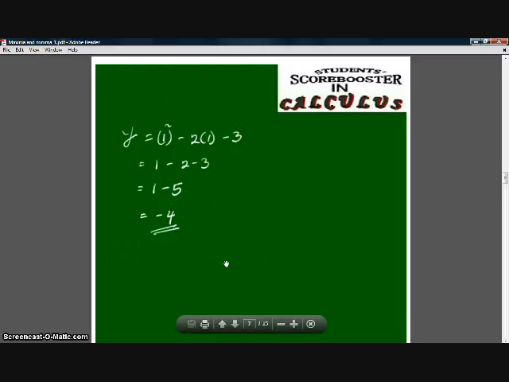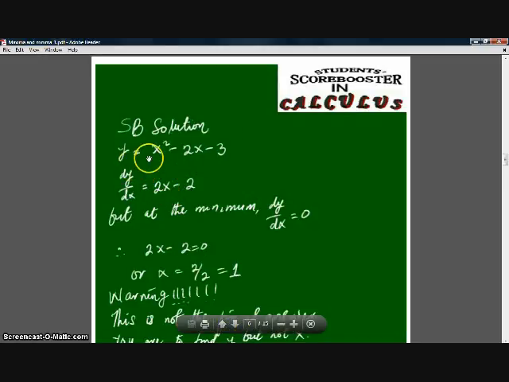So now we have found the value of x. From there we can substitute and get the value of y. Look at the initial expression, y is equal to x squared minus 2x minus 3.